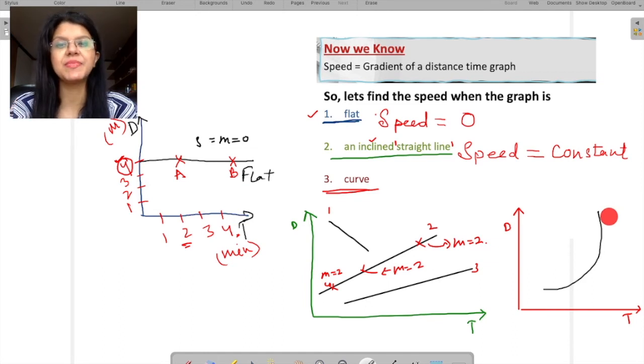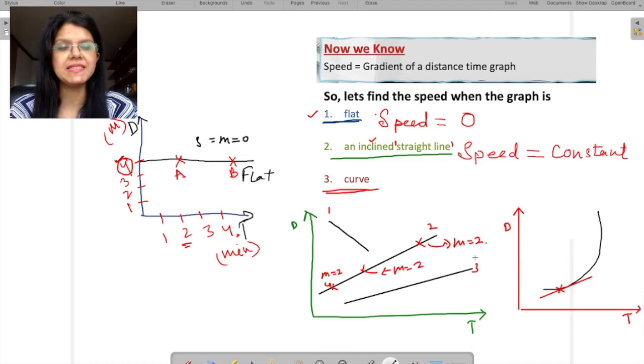Now, curve is a special phenomenon where the gradient is not constant, right? You have to first pick up a point on the curve. If you want to find the gradient at this point, you need to draw a tangent at this point.